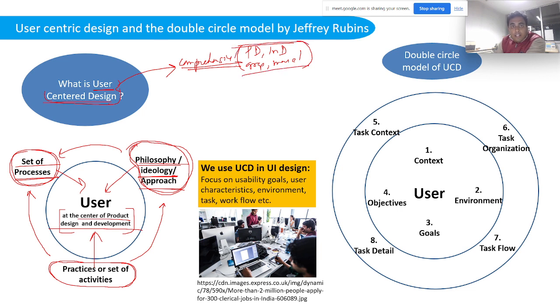It is very generic in nature, so we also relate the user-centric design process to our purpose, which is UX design or UI design. In UX design we'll be focusing on usability goals, user characteristics, environments, tasks and workflows, etc.